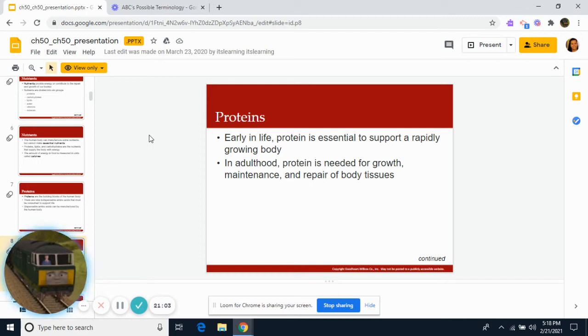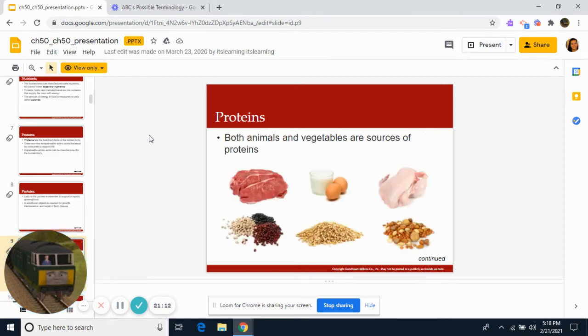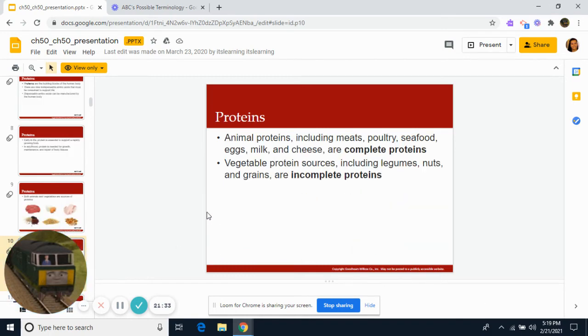In adulthood, protein is needed for growth, maintenance, and repair of body tissues. Both animals and vegetables are sources of proteins, which can be one of them below, like eggs, ham and turkey, like nuts. Yeah, definitely. Can be seeds, all that.